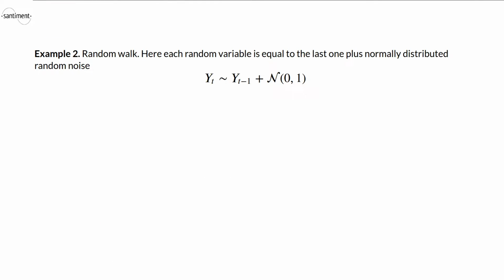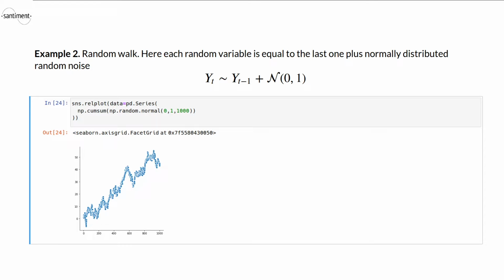Here's another example of a stochastic process. For each timestamp t, we take the value of this process at the previous timestamp, and then we add some random noise, which is again normally distributed. This is called a random walk. And this is how it looks, again for 1000 timestamps.